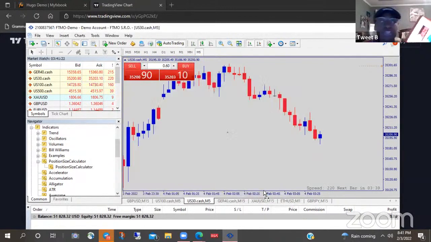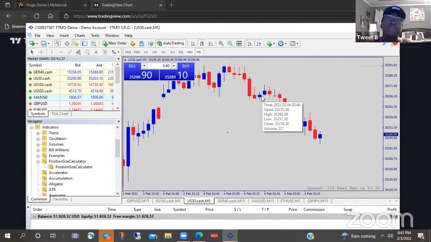Now, the text messages are not going to be the same as TradingView. You're not going to be able to say, oh, if it's above this bar or below this bar. It's not going to be like that. But if you're in a trade, if the trade hits stop loss, it'll alert you. If the trade hits TP, it'll alert you.